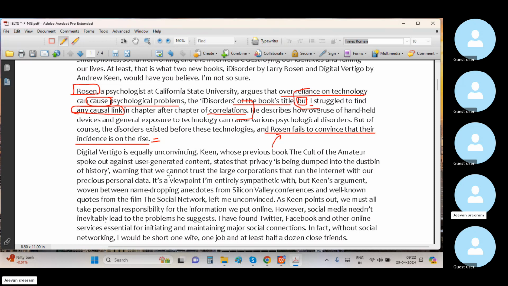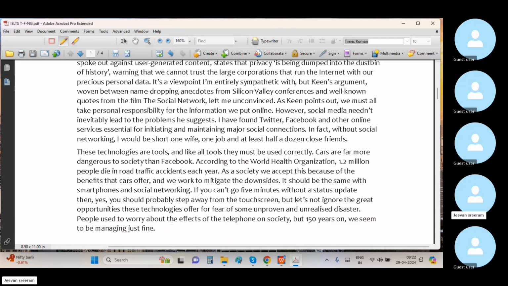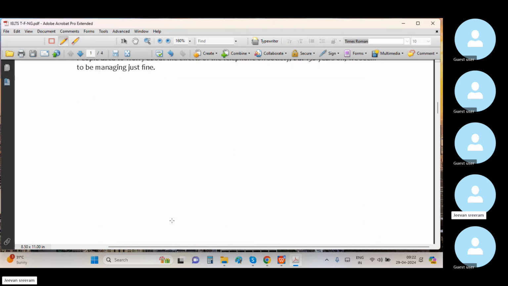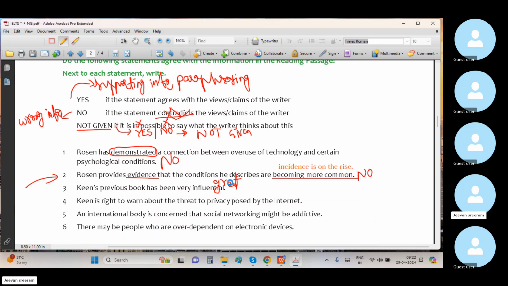Statements rife with strong meaning can be considered not given in most cases, not all the cases. So the author has not mentioned whether it is influential or not anywhere in the passage.